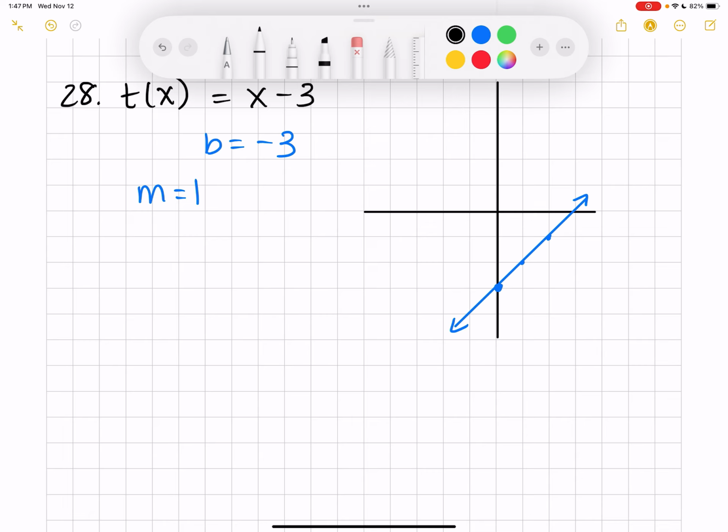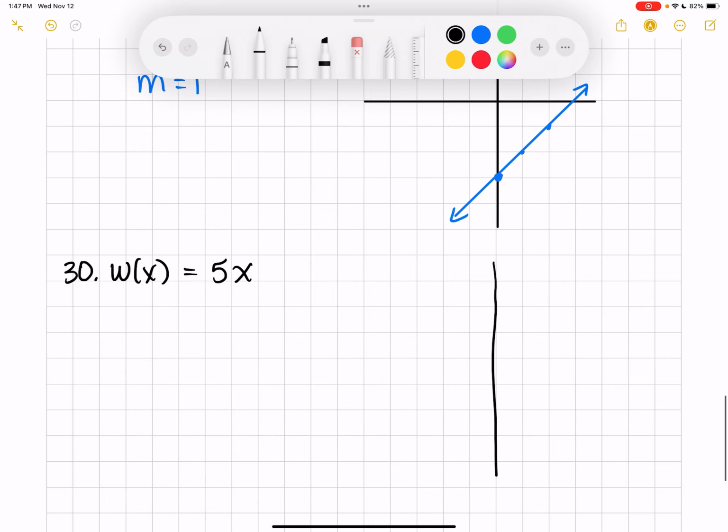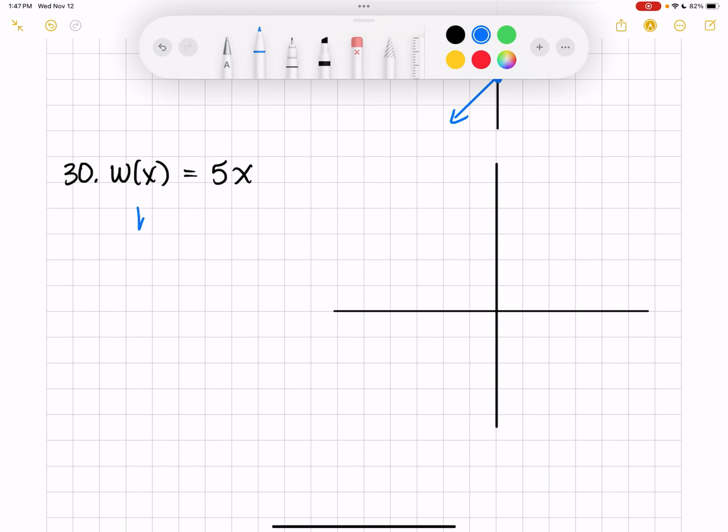30. W of x is equal to 5x. All right, what's my y-intercept of this one? 0, yep.